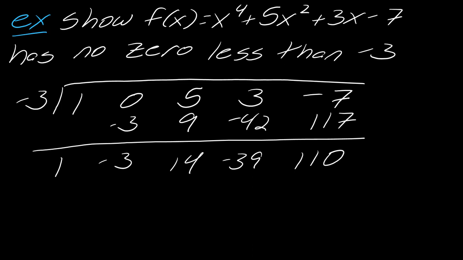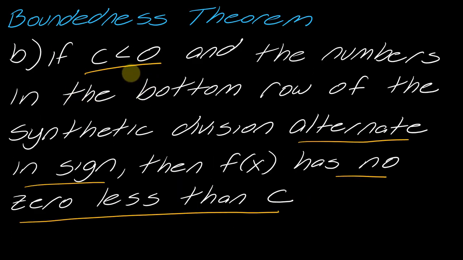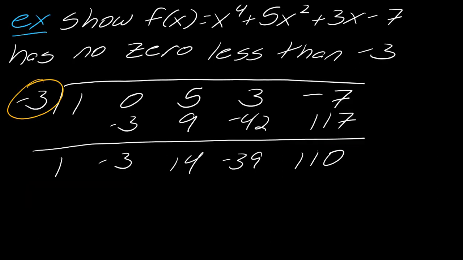Notice we had a c less than 0. That's what the second part of the theorem said. If all of the numbers in the bottom row alternate in sign, then there is no 0 less than c. Notice we're alternating positive, negative, positive, negative, positive. So if you were trying to find your zeros, let's say you had the list of rational zeros and you were thinking, oh, I'm going to try negative 5 next.